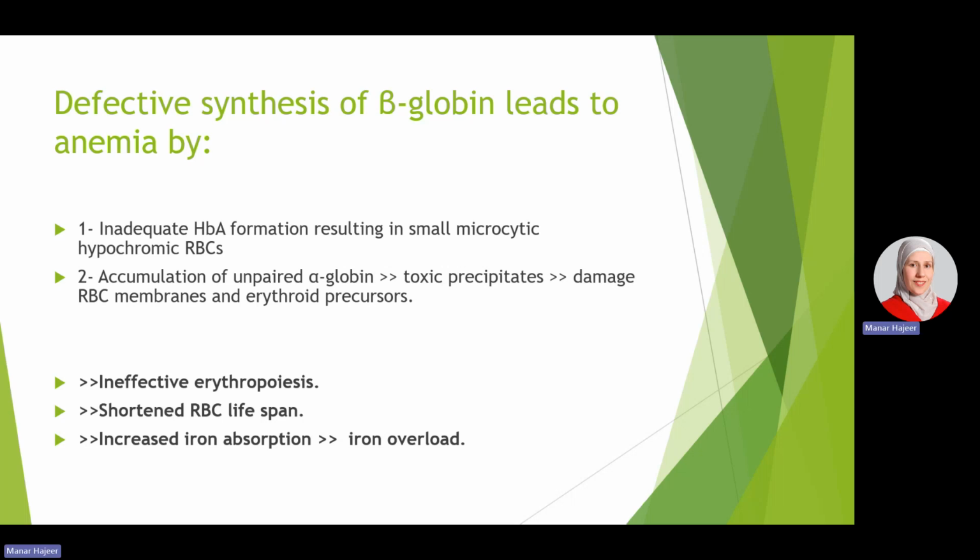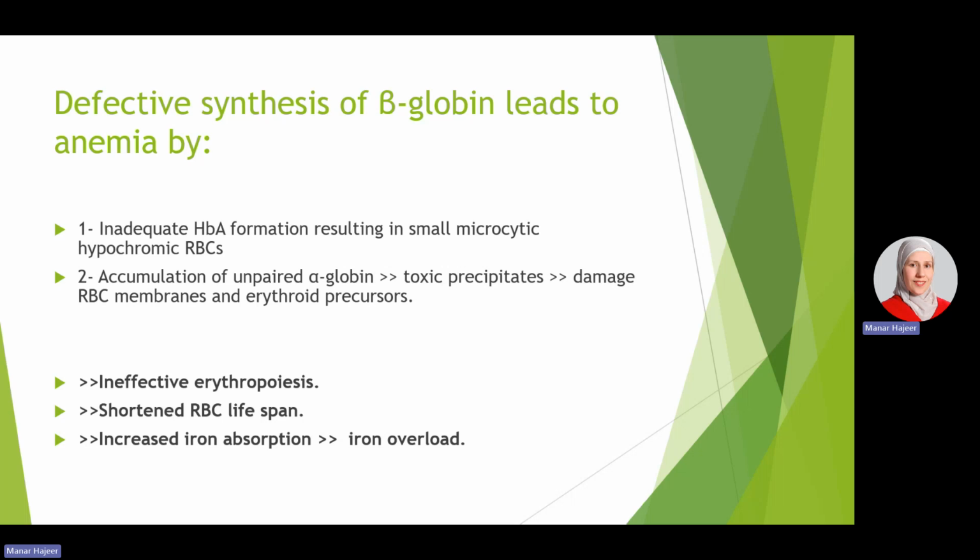Accumulation of unpaired alpha globin chains leads to the formation of toxic precipitates, which will damage the red blood cell membrane and the erythroid precursors in the bone marrow. Those patients will have ineffective erythropoiesis, in which there is increased proliferation of erythroid precursors in the bone marrow, but the toxic precipitates of alpha globin chains will lead to their damage immediately.